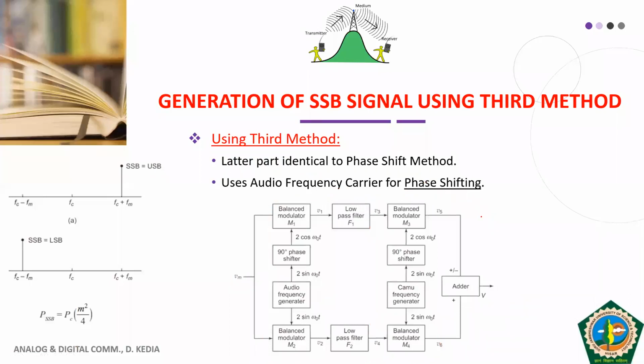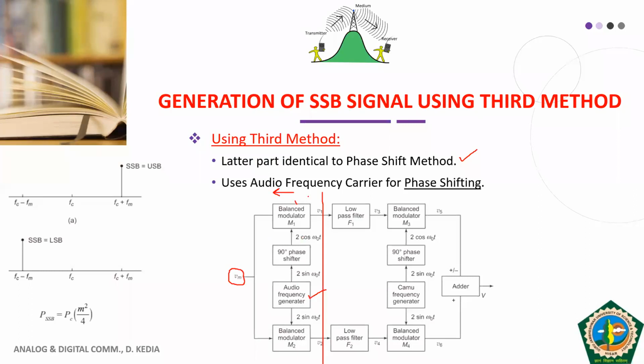As I told you, the second part is identical to the phase shift method, and then we'll be using the audio frequency carrier. This is our audio frequency generator, which generates the audio frequency carrier, and there is no phase shifting on the modulator. First we will concentrate on this left hand side part.